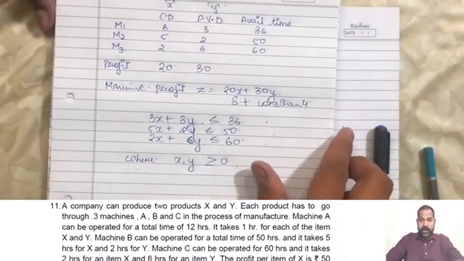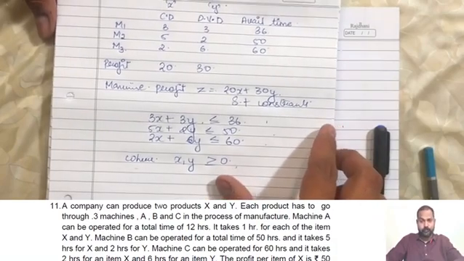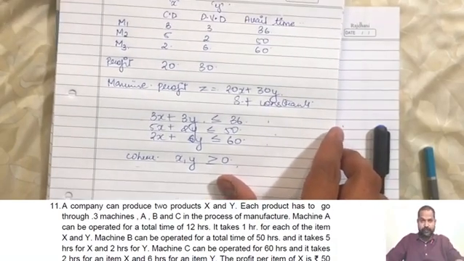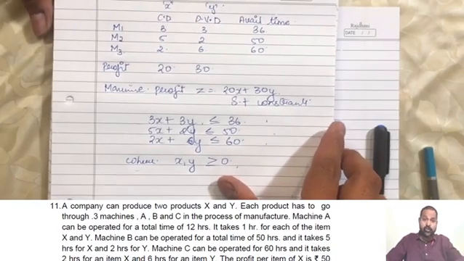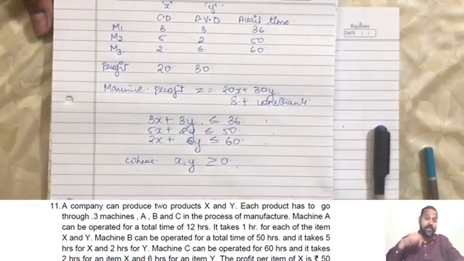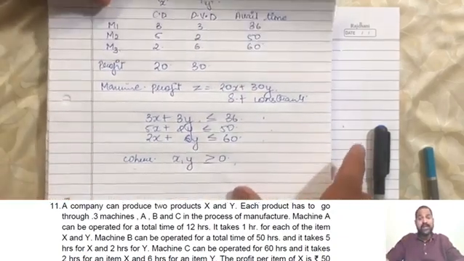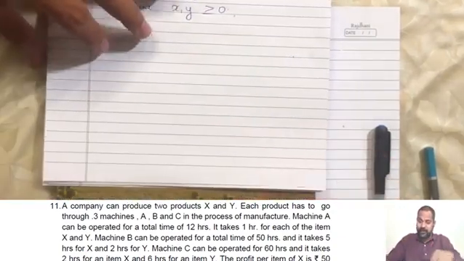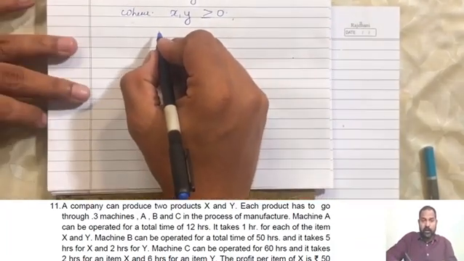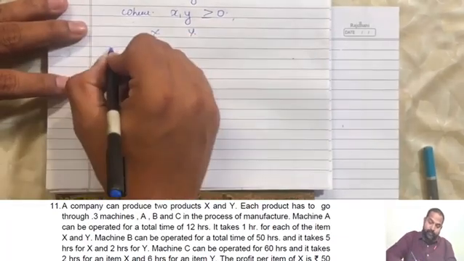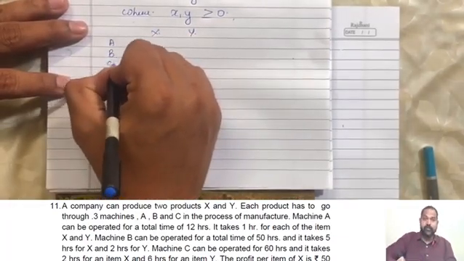Let's come to the next question that I want to do, which is question number 11. A company can produce two articles X and Y. Each product has to go through three machines A, B, C. So I'm making products X and Y. They have to go through three machines A, B, C. Now with the little experience and knowledge that we have, can I say X, Y, A, B, C?